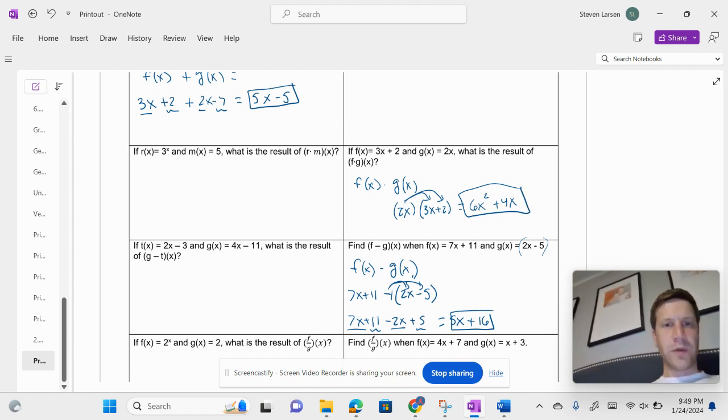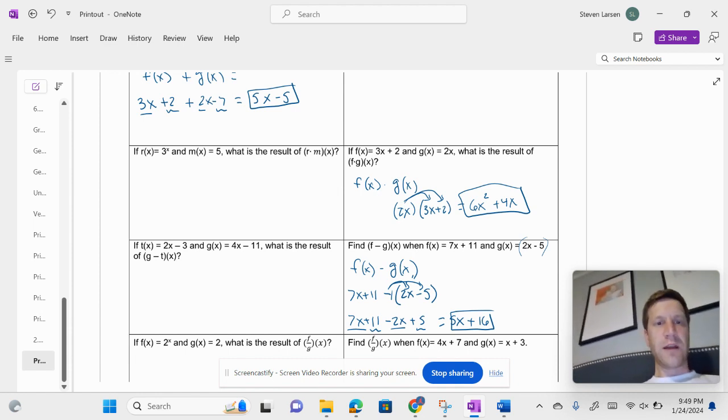I'll do another multiplication because this one can be a little tricky. r times m of x. Remember, you can call these functions any letter. So I have r of x and m of x, same as f of x, same as g of x. So r times m, that means r of x times m of x, 3 to the x times 5.